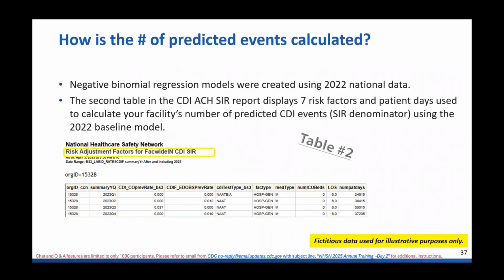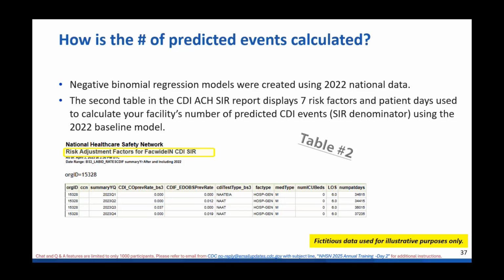Okay. So as mentioned before, the 2022 CDI model uses a negative binomial regression model. Given that we looked through all of the columns that were included in that first table, our next question is, how is the number predicted calculated?